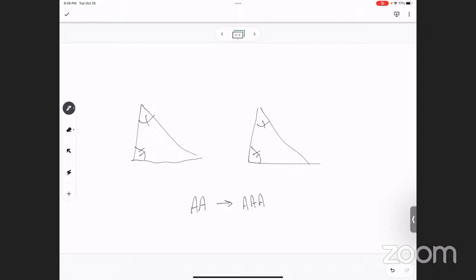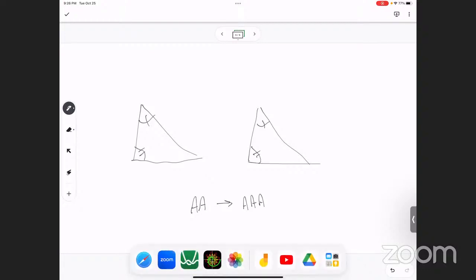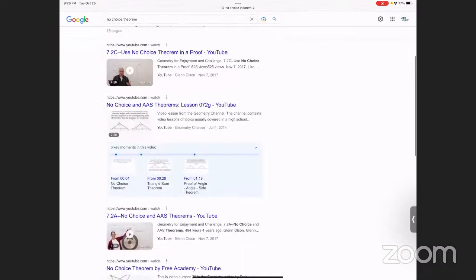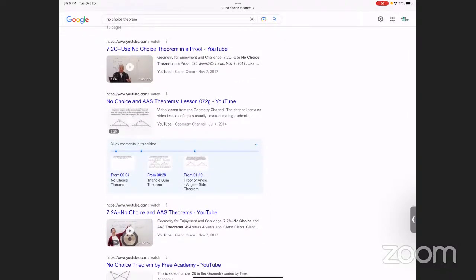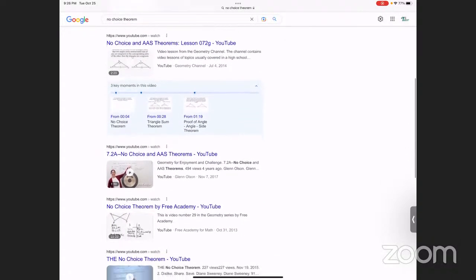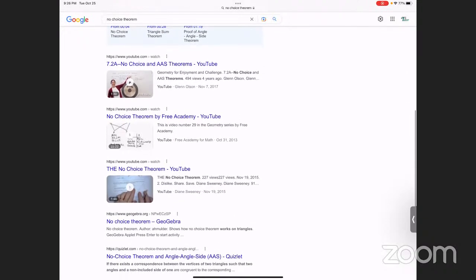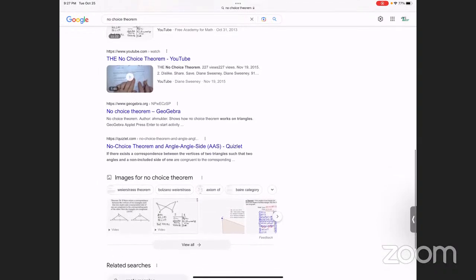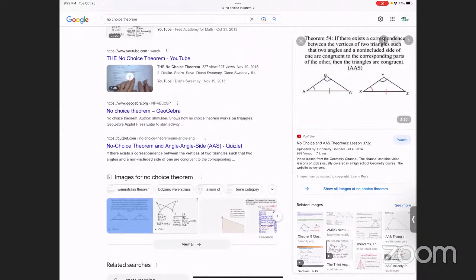Okay. So you get what I'm saying? Yeah. So the no choice theorem. I'm trying to think of what's an example of how you would use it.